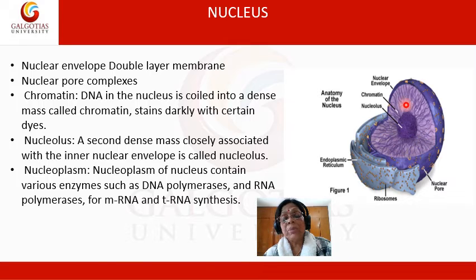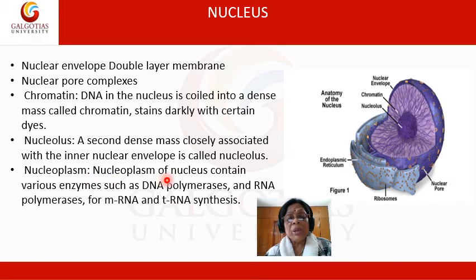These are the chromatin, chromatid. Now, the nucleolus. A second dense mass closely associated with the inner nuclear envelope is called the nucleolus. This is the nucleolus. Now, nucleoplasm.